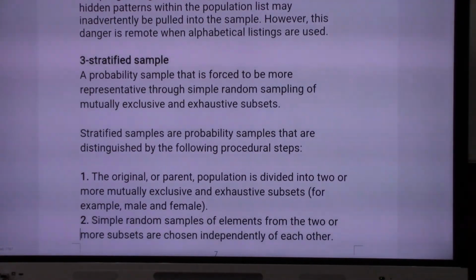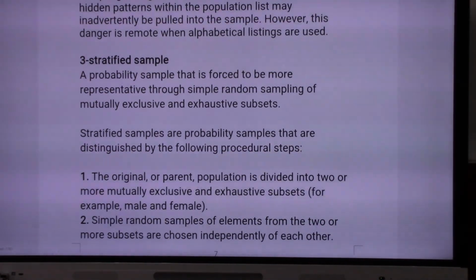Second, simple random samples of elements from the two or more subsets are chosen independently of each other, which means we select a specific number of elements from males randomly and some specific elements of the females group randomly.